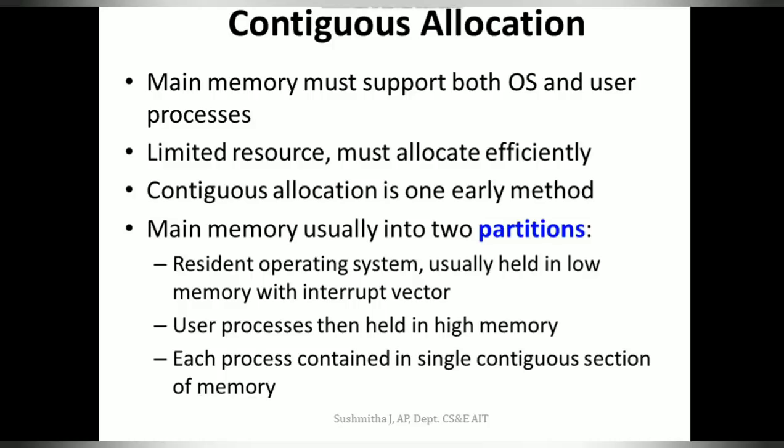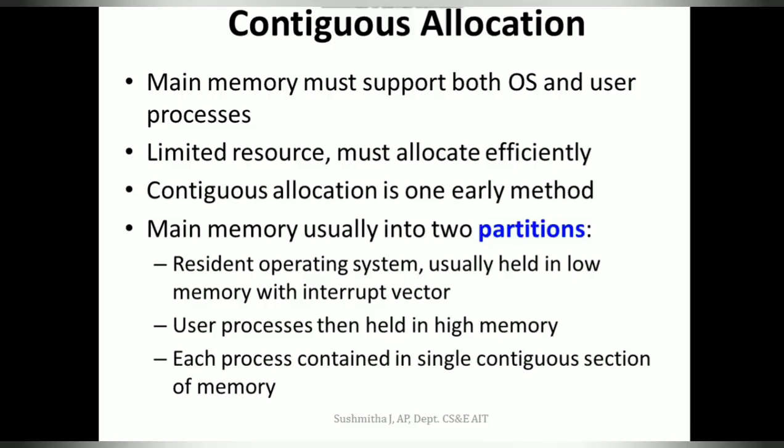So the main memory will accommodate both the operating system and the user process. If you remember, we started the chapter with the representation of the main memory. You could see there was one part of the main memory which was occupied by the operating system.